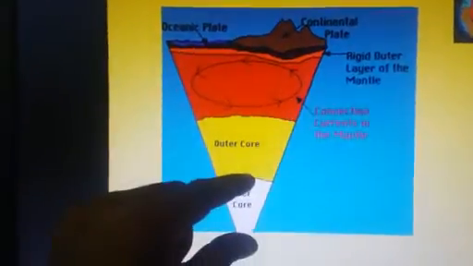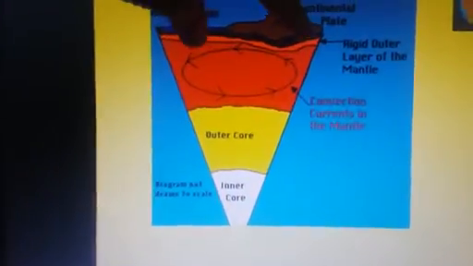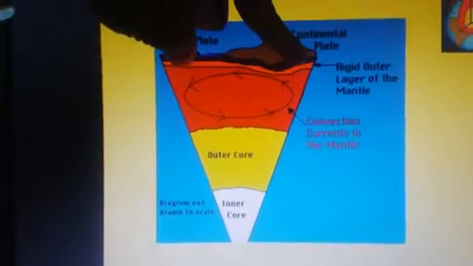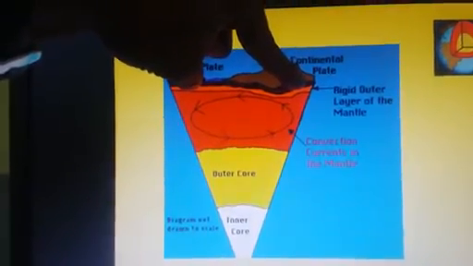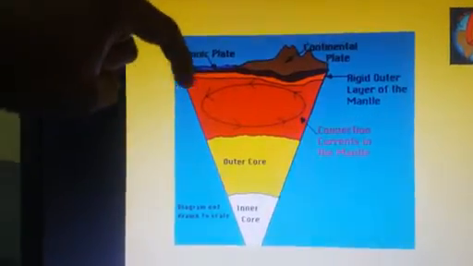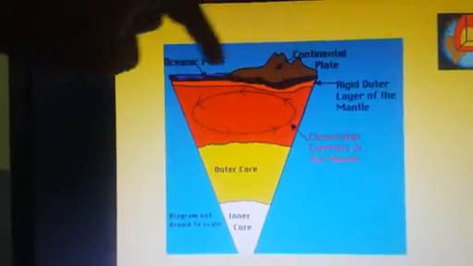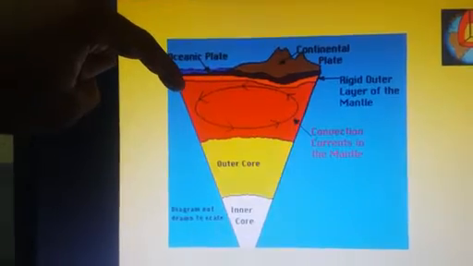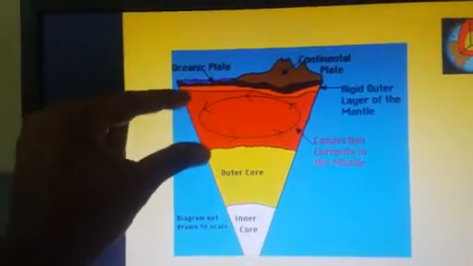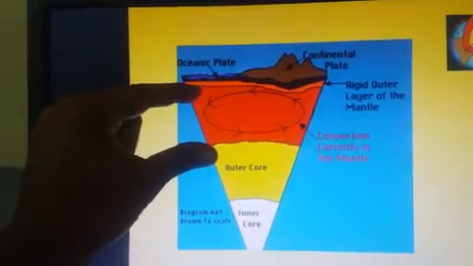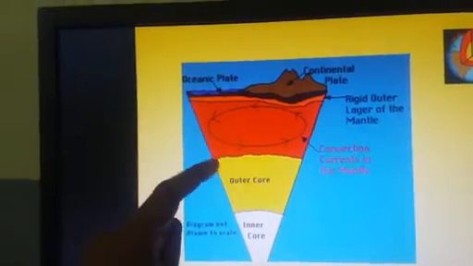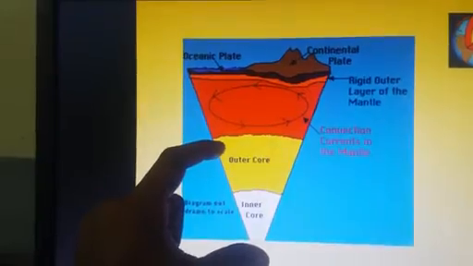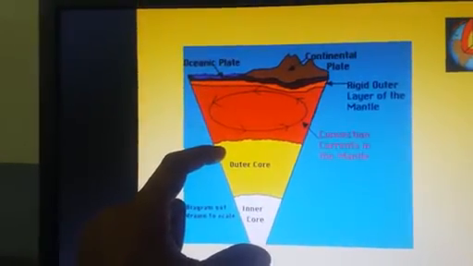This is also called Sial, silicon and aluminum. In the crust part, the chemicals Sial, silicon and aluminum are present. Then Sima, silicon and magnesium, and in the core layer Nife, nickel and ferrous.